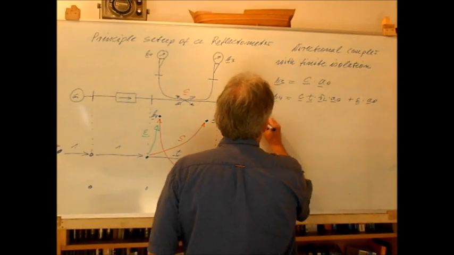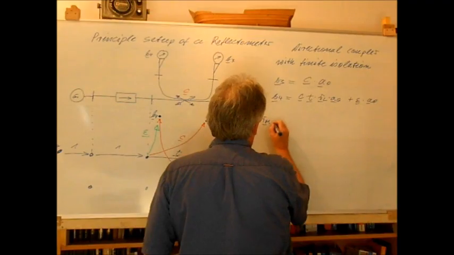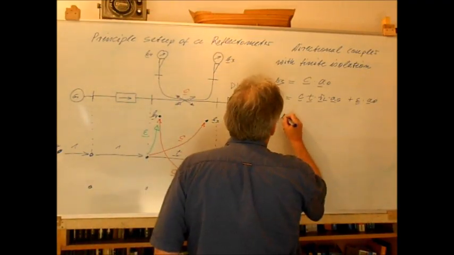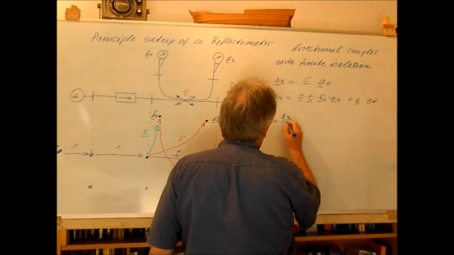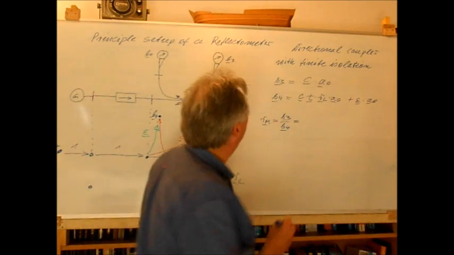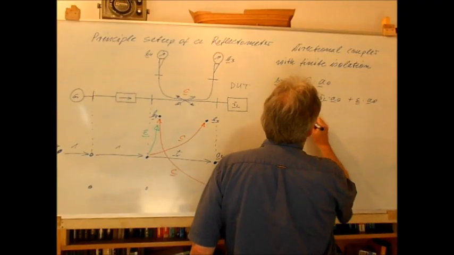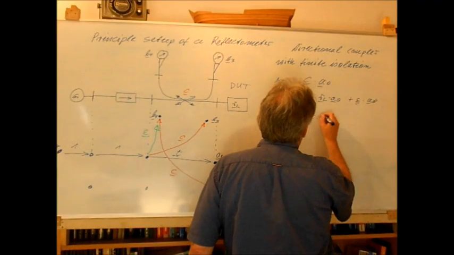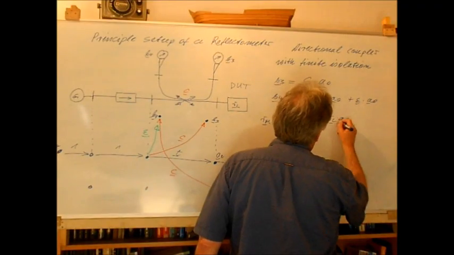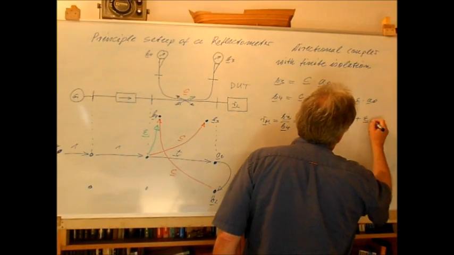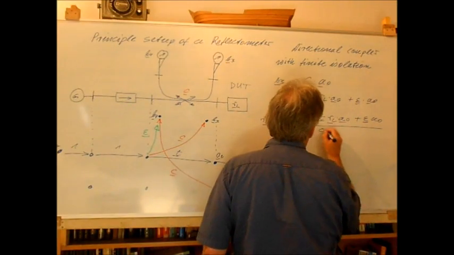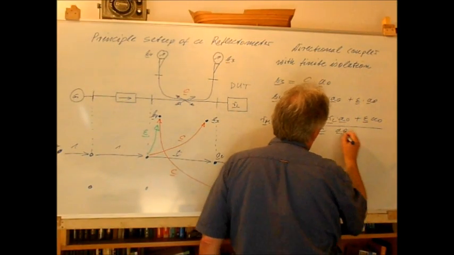So if I again define now our measured reflection coefficient as B3 over B4, then we will have C times T times RL times A naught plus epsilon times A naught divided by C times A naught.